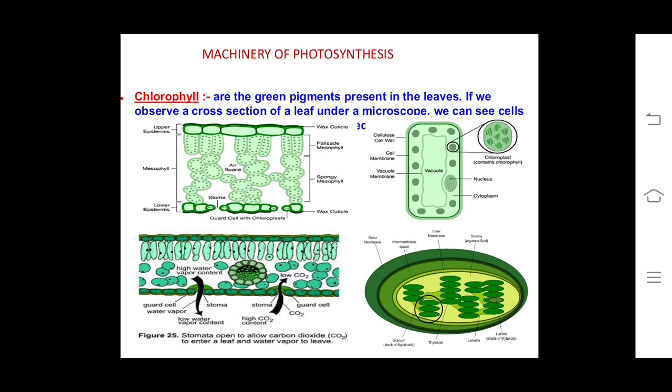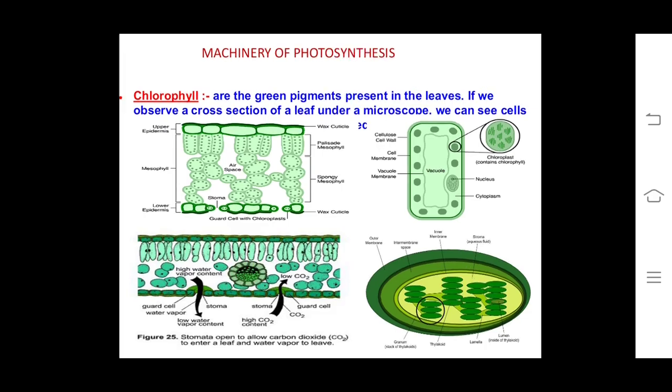And if we go into the internal structure of leaf, the internal structure of leaf helps the plant to do the process of photosynthesis. Now you can see the diagram.